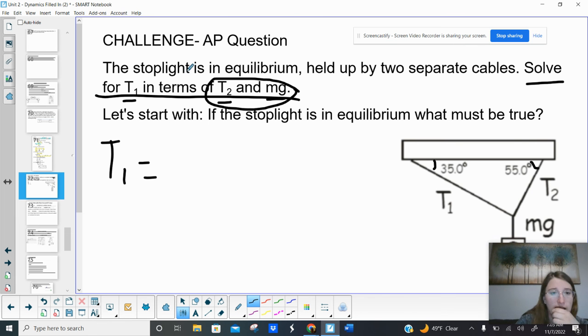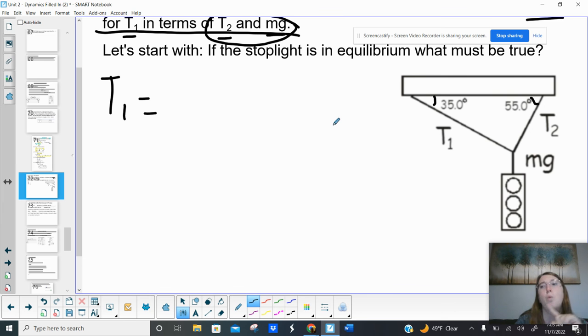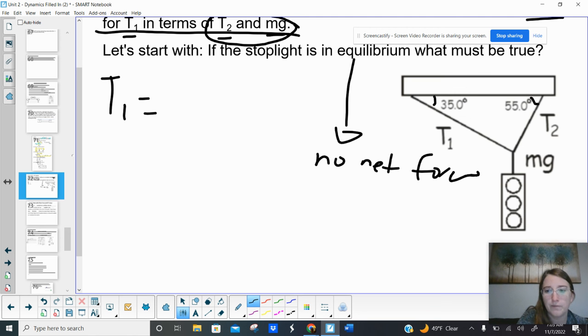Now let's start with this. It says the stoplight is in equilibrium. Now, we've talked about this way back when about what equilibrium means. So it says if the stoplight is in equilibrium, what must be true? Equilibrium means there is no net force in any direction.